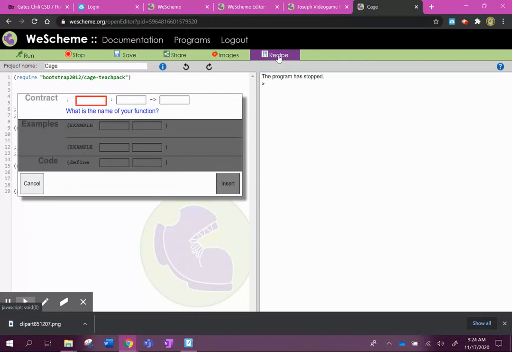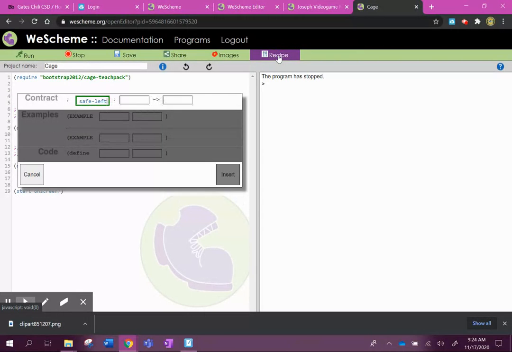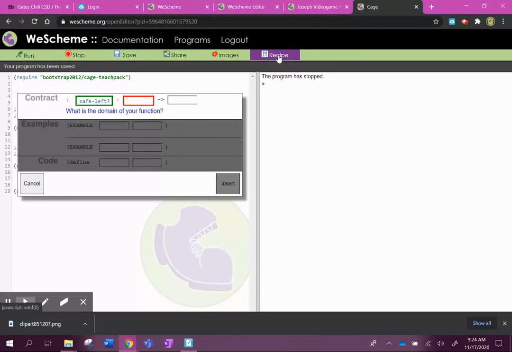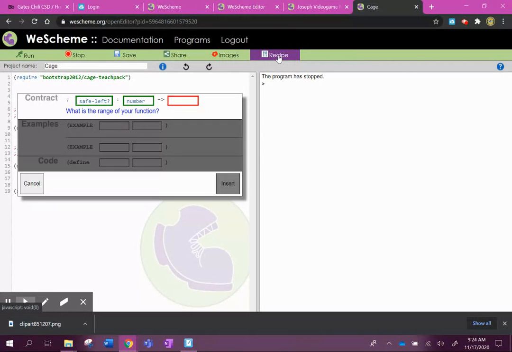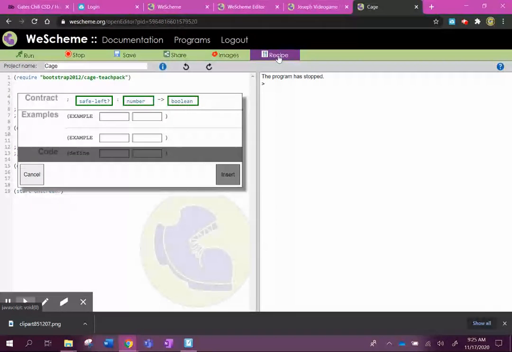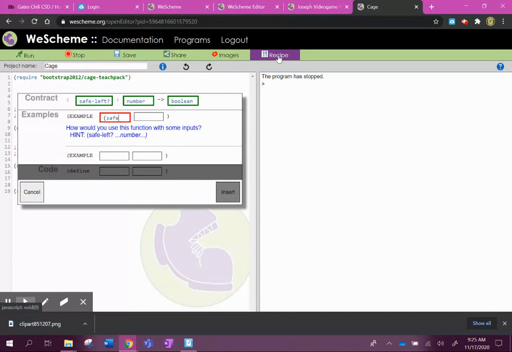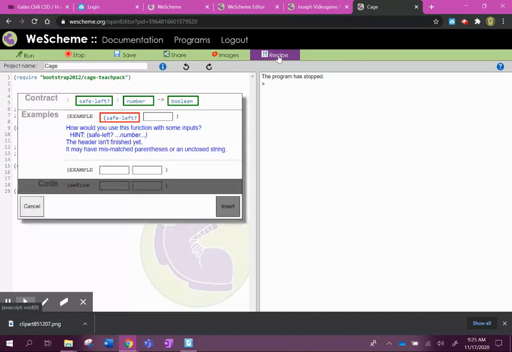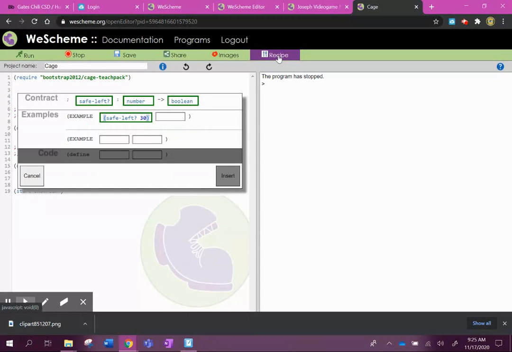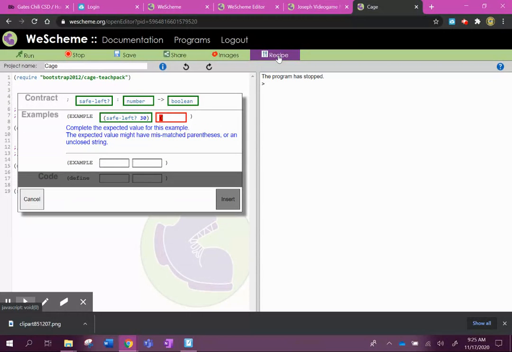So we have our contract, safe left, takes in a number, gives me a Boolean. Safe left, what was our first one? 30. And that's going to do greater than 30, negative 50.